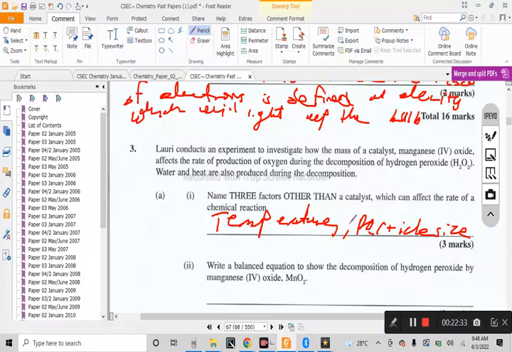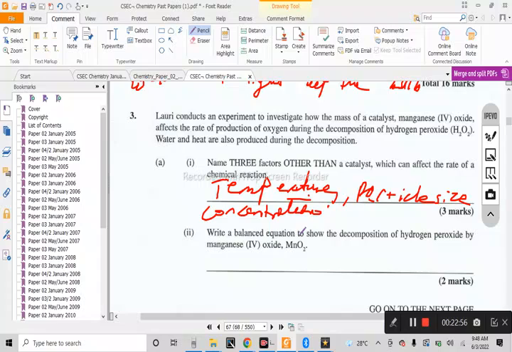Yes, five of them. Pressure of a gas, right? Give me something else. I mean, I use no gas. Concentration. If you're not using gaseous particles, you do not have to mention pressure. The pressure only affects gases.